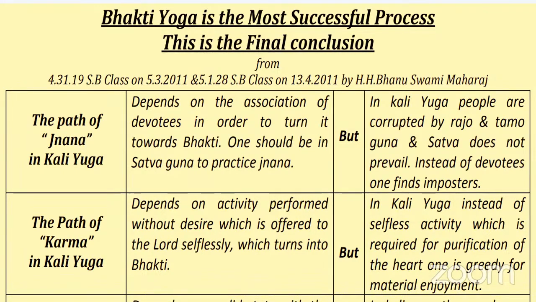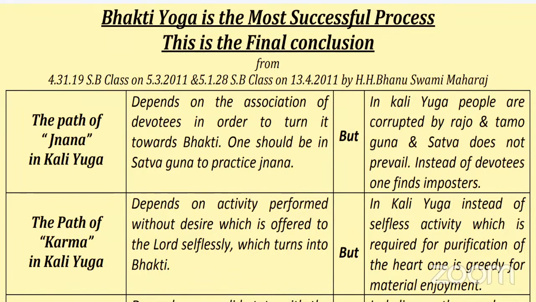When it becomes pure, without rajoguna and tamoguna, then that only is pure sattva guna, which is bhakti yoga. But we need only sattva guna to practice jnana yoga, and this sattva guna in Kali Yuga is always mixed with rajoguna and tamoguna. So we are not able to separate it from rajoguna and tamoguna.